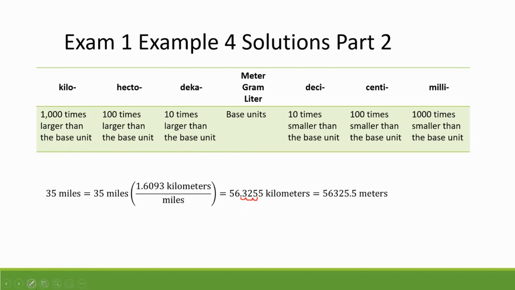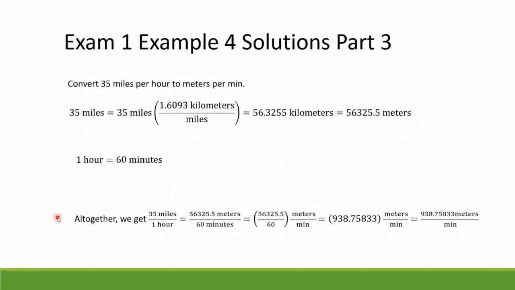Okay, so we have miles and meters. That's one conversion. But remember, the other one is hours to minutes. But that's easy, though. We know 1 hour is 60 minutes. Okay, so we're basically done with that because 35 miles per hour, right? 35 miles we know is this many meters.